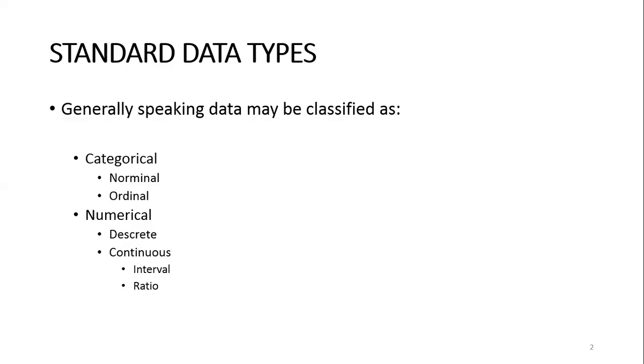Standard data types. Generally speaking, data may be classified as categorical and numeric. Under categorical, we have the nominal data and the ordinal data. Under numerical, we have discrete and continuous. Under continuous data, we have interval and ratio.